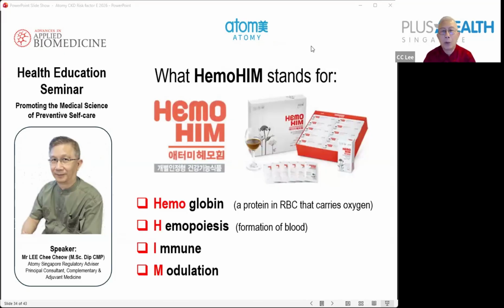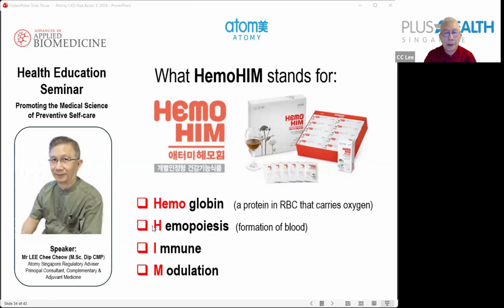Now, what does Hemohin stand for? You will notice that the letters in the Hemohin label are different. The HEMO is not all capital, and HIM is full capital letters. So hemo stands for hemoglobin, basically representing a protein in the red blood cell that carries oxygen.